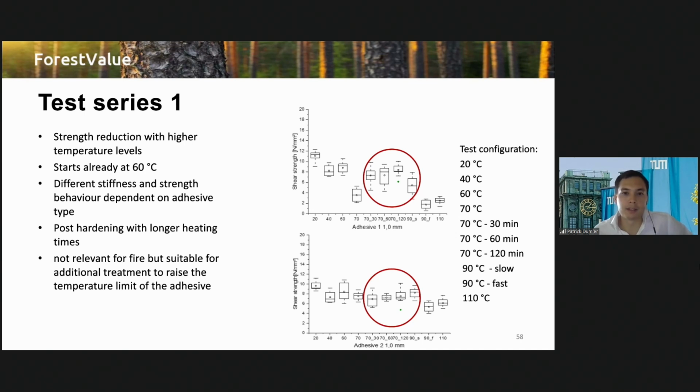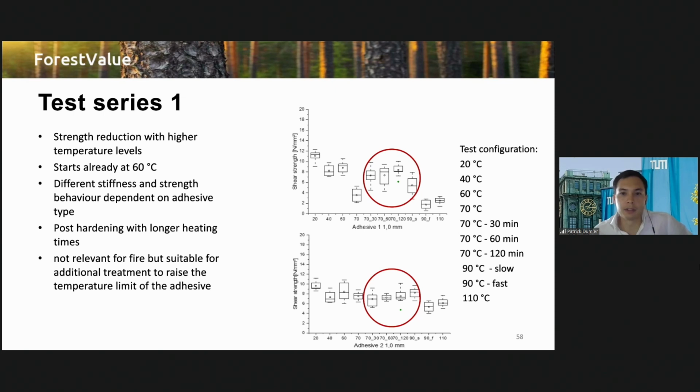The tests showed that you already have a strength reduction of the adhesive at 60 degrees. But it also showed that the strength and stiffness behavior depends on the adhesive type, because, for example, at 70 degrees you can see that adhesive 1 already lost about 60% of its residual strength. Adhesive 2, however, has almost 80% left.